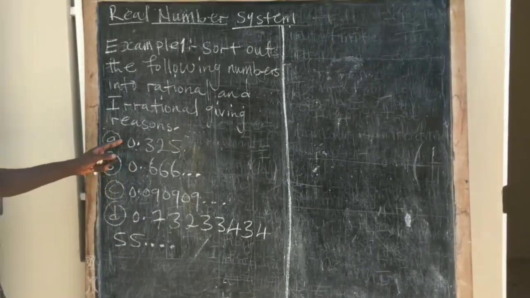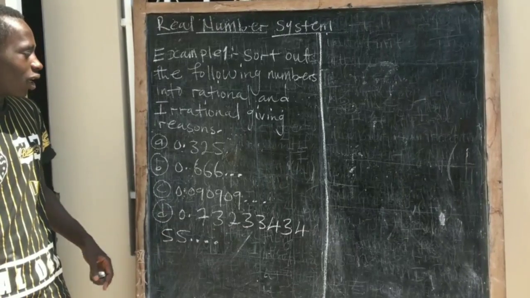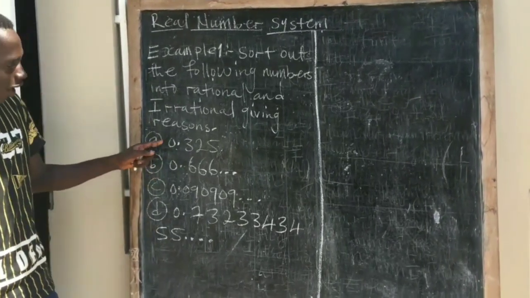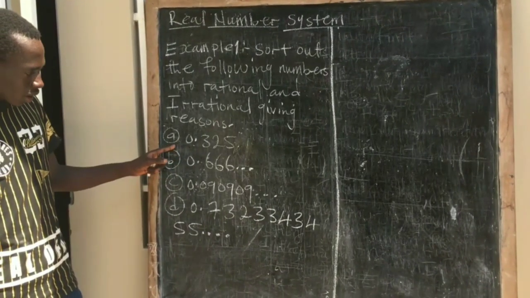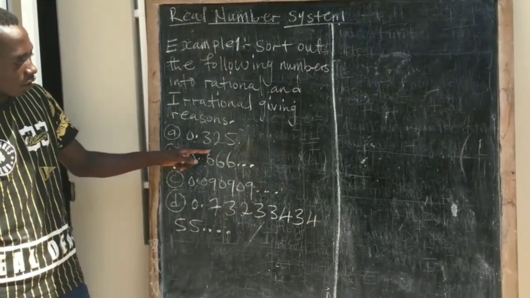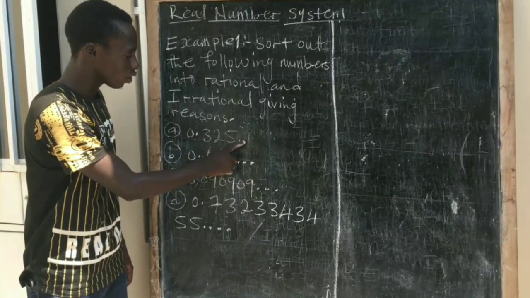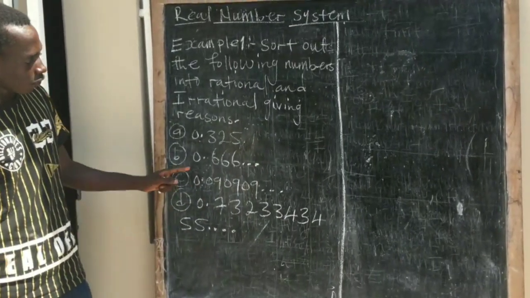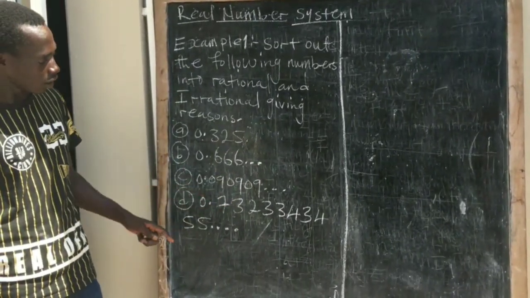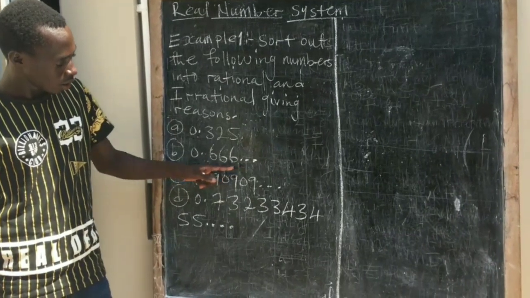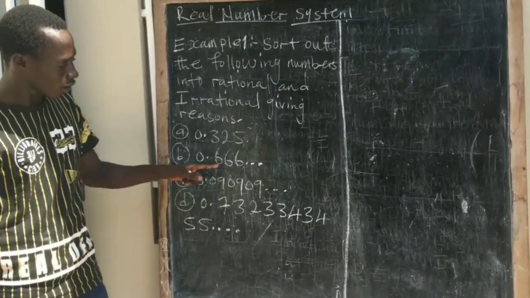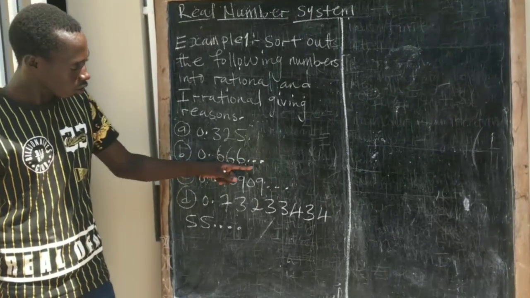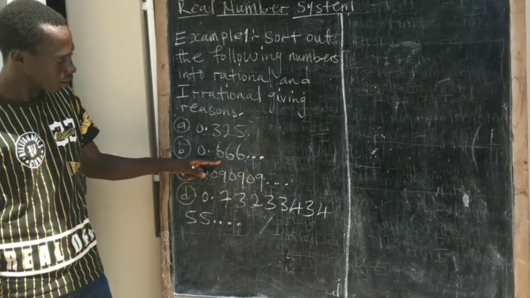Now if you look at A, B, C and D, we are going to identify rational and irrational. See A: if you observe A very well, it is not infinite. If you look at B, it is infinite. Look at this, it is non-terminating and non-recurring.